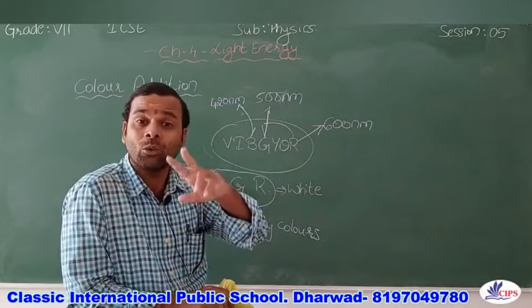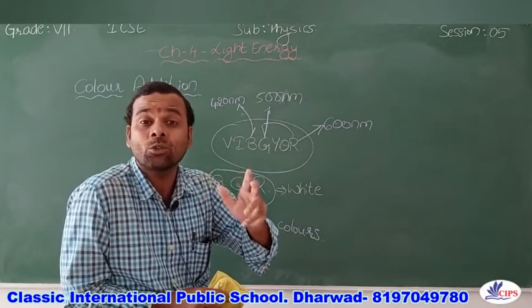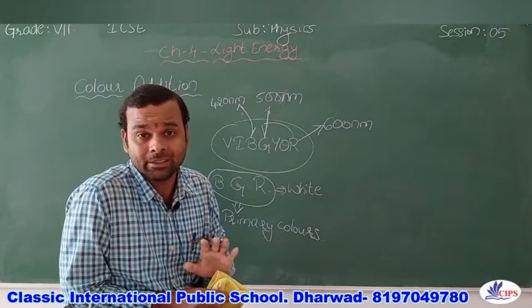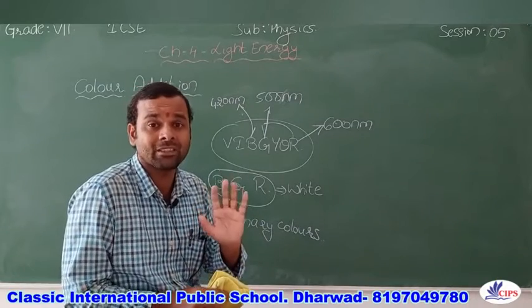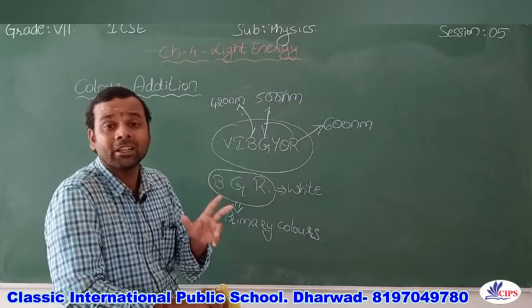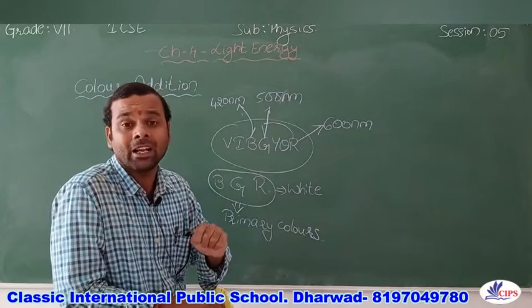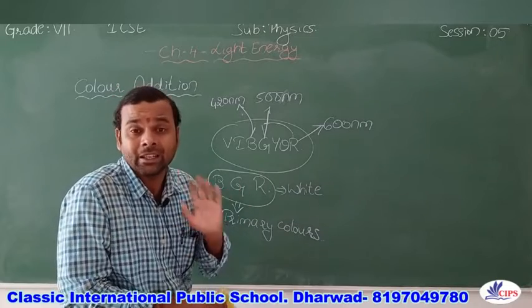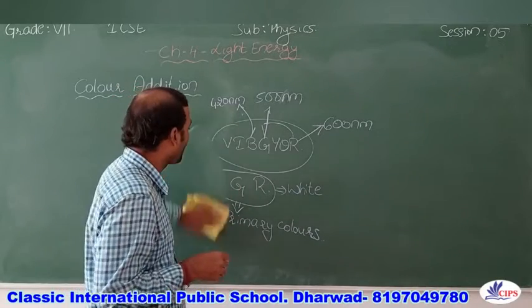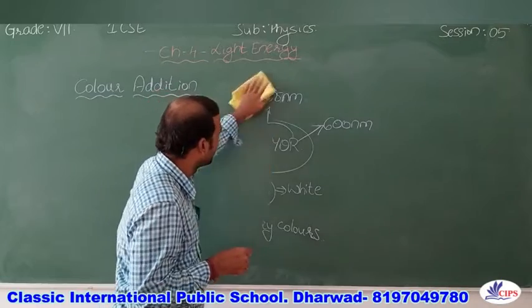If white is obtained with only 2 colors, they are known as complementary colors. We have discussed this. Complementary to a primary color is a secondary color.